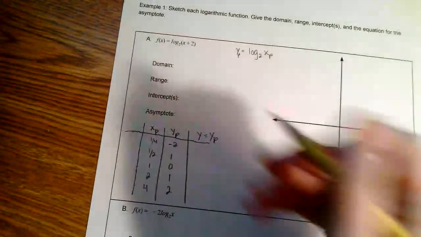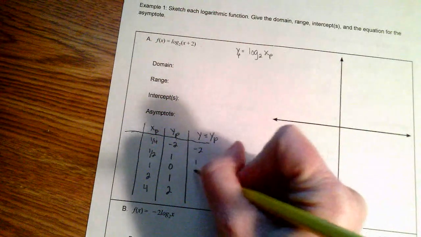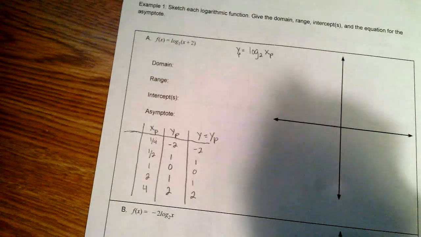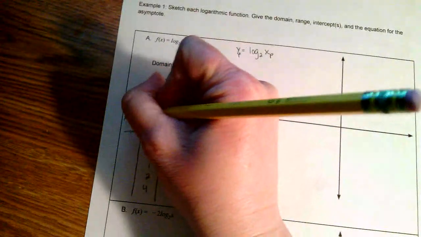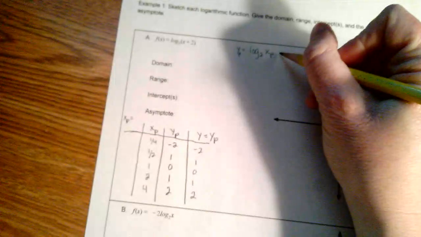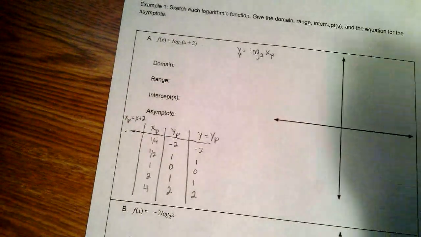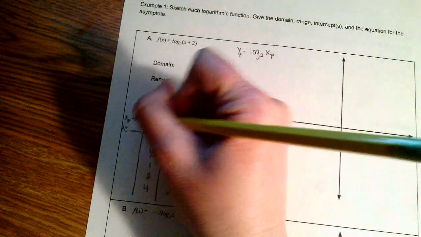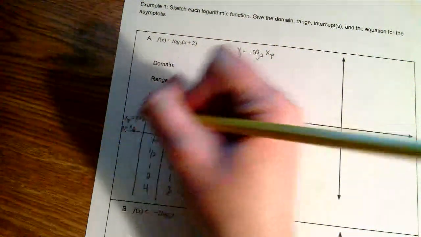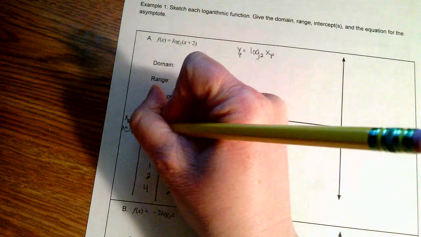There are no vertical transformations in this graph, so I'm just going to copy down those values. But we also talked about how our XP, our input, our argument, has now changed to x plus 2. So solving for x, I have that x is equal to xp, the parent x, minus 2.